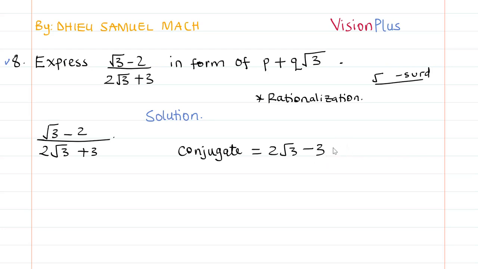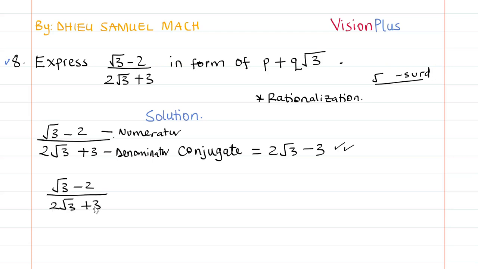This is our conjugate. So after getting the conjugate, you multiply the numerator and the denominator both by the conjugate of the denominator. This one is the numerator, and the number down is the denominator. So you copy your question, that is (root 3 minus 2) over (2 root 3 plus 3), equals, then you show your multiplication.